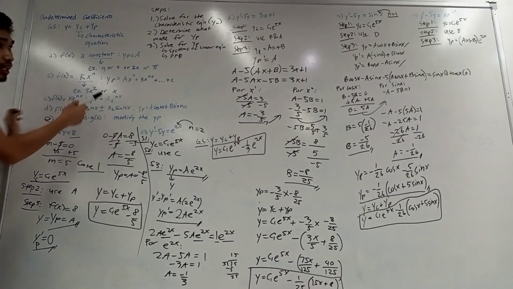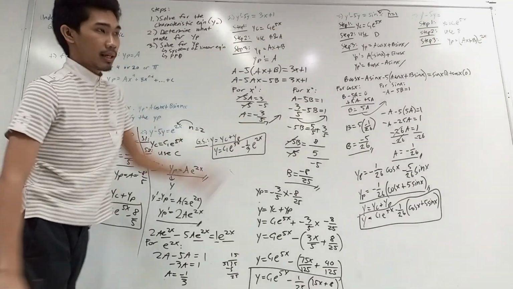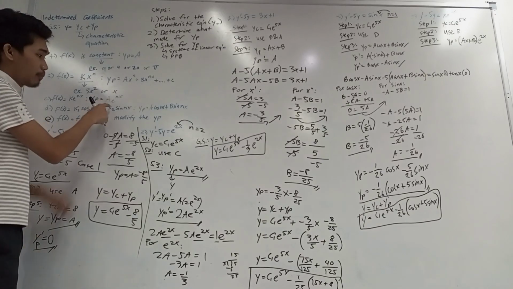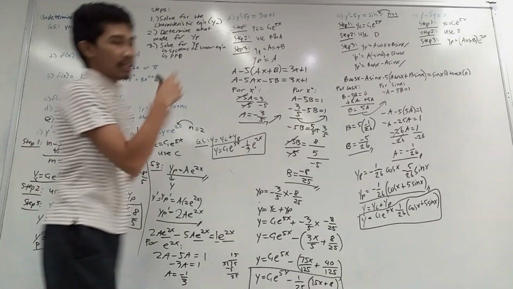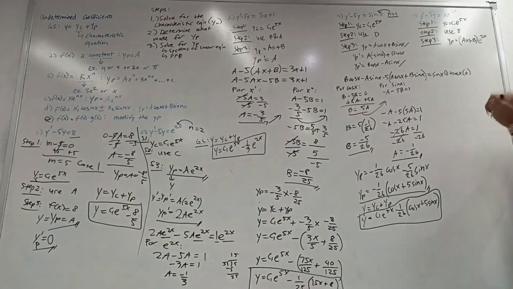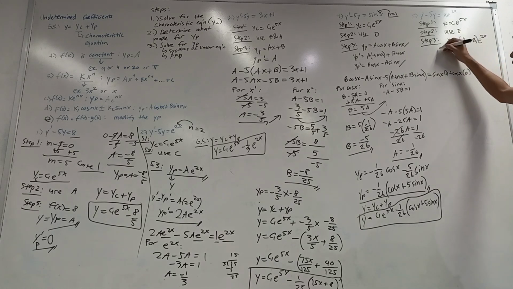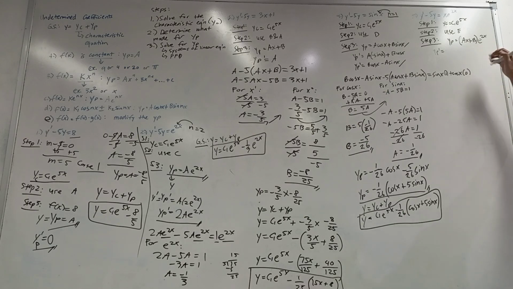Ngayon, makita natin na nag-multiply siya ng e raised to 2x. So, yun yung a times e raised to 2x. Pero yung a dito is the same sa nakuha natin dito sa ax plus b. Which makes na kung ito yung yp, ang kanyang yp prime is yung derivative nito.